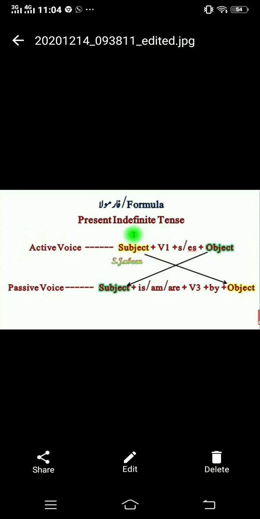The third form of verb is the necessary part, the necessary condition of our passive voice. After that, the use of by, and the subject will be changed into object. Clear? So you can see in active voice the subject does the work, and in passive voice the object, meaning the relevant subject, does the work.